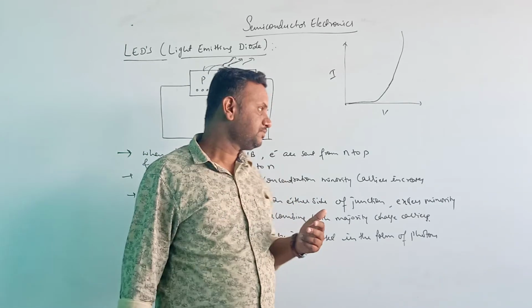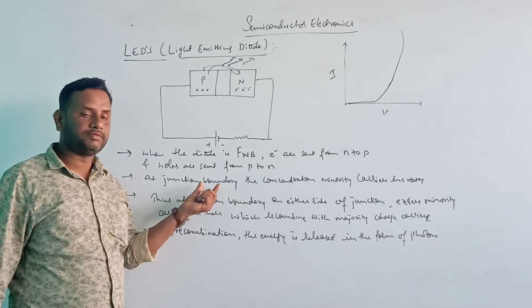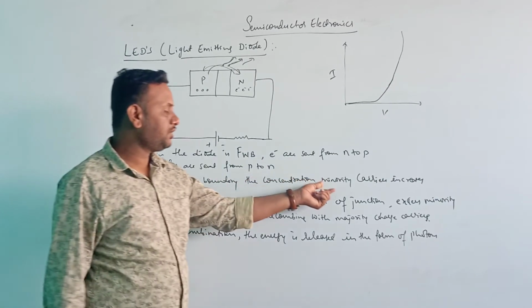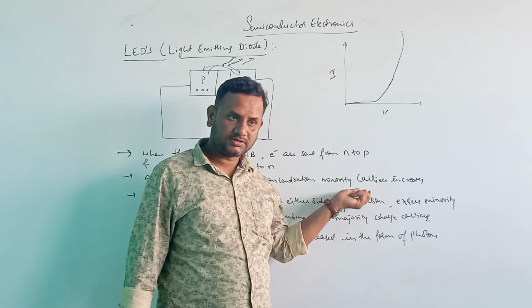When we compare this junction boundary at the equilibrium state, the minority carriers go on increasing.